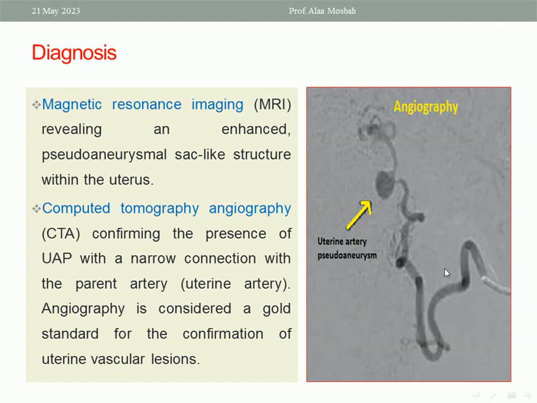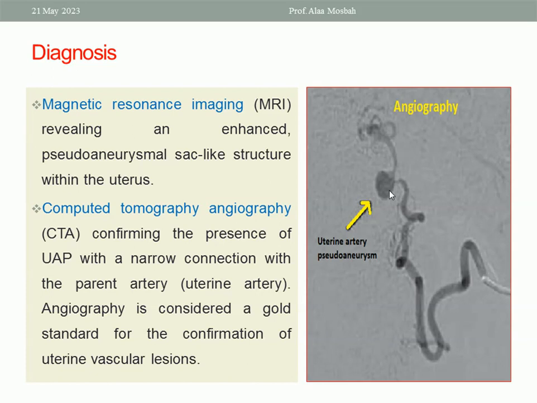As in this picture, this is angiography, and this is the left uterine artery, and this is the pseudoaneurysm, how it looks. So computed tomography angiography confirming the presence of uterine artery pseudoaneurysm with a narrow connection with the parent artery, which is the uterine artery.